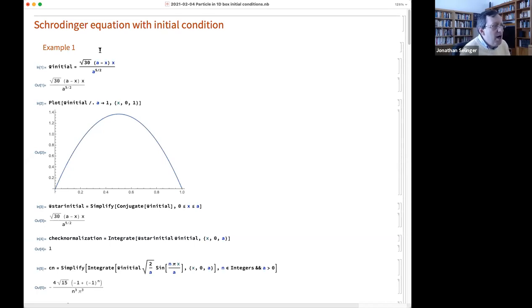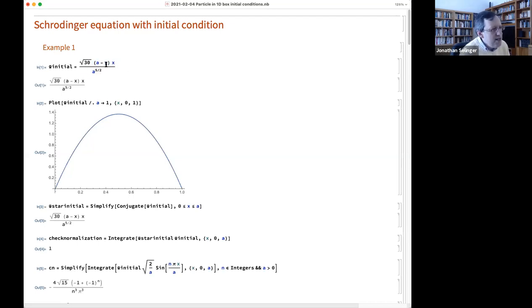So here is an example of an initial condition. This is the example of a parabola pointing down that I was talking about before. So suppose the initial condition is x times a minus x times a normalization constant.